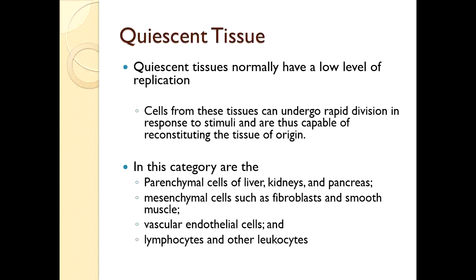In this category, there are parenchymal cells of the liver, kidney, and pancreas, mesenchymal cells such as fibroblasts and smooth muscle cells, blood vessel cells, lining cells, the endothelial cells, lymphocytes, and other leukocytes.